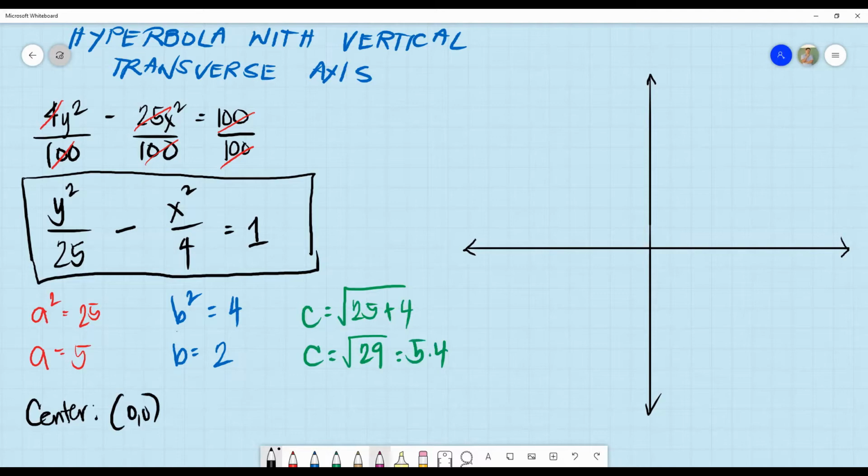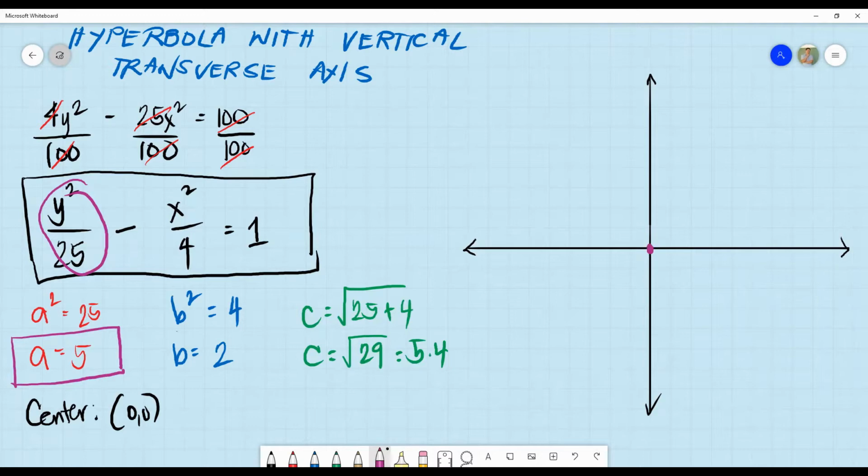So let's now go to graphing. So 0, 0, this is our center. Now, for our a, please take note of this process. Don't get confused that a is below y squared. Since it's below y squared and y represents the y-axis, for the a, which is 5, we need to move upward and downward 5 units from the center.